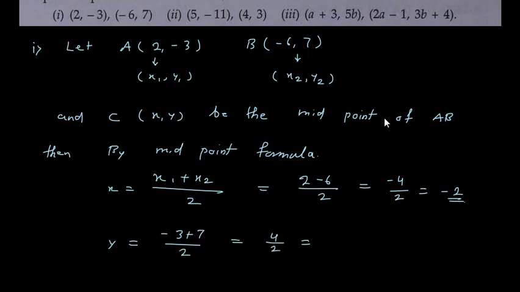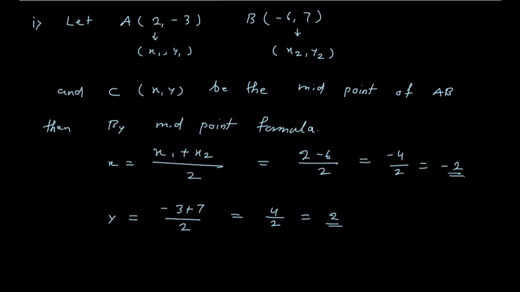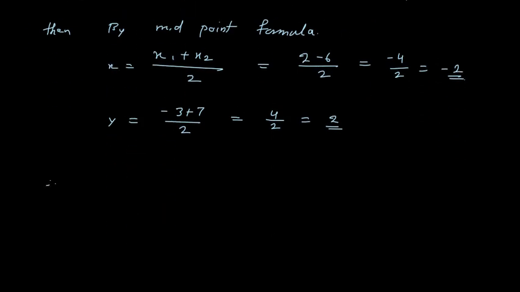So therefore C, the coordinate of midpoint, is x coordinate is minus 2, y coordinate is plus 2.